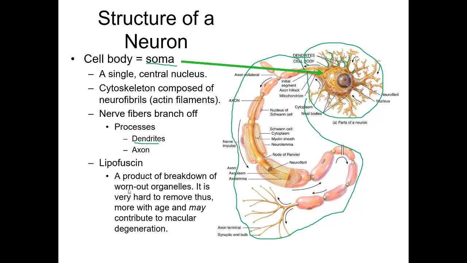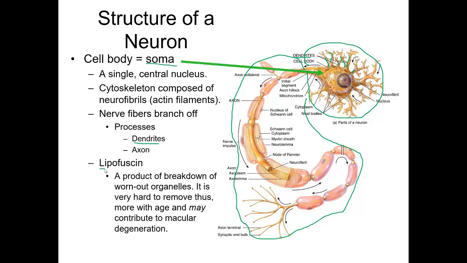Now, in the cell body, you have the lysosomes as well. Now, anytime the lysosome of a neuron breaks down something, it's very hard to get rid of it. Whenever a lysosome of a neuron breaks down a foreign body or a worn-out cell organelle, there's a byproduct that remains within the neuron and it's hard to break down.